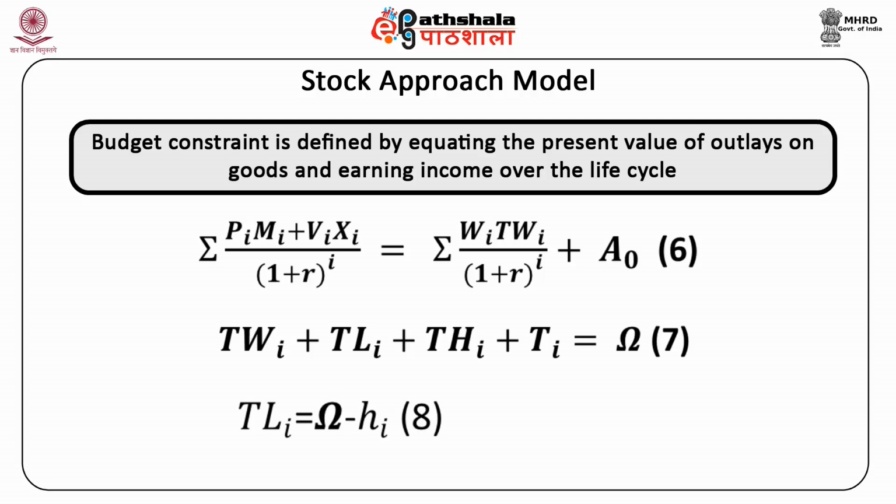TLi = Ω − Hi, equation 8. r is the interest rate. Total time available in a given period, Ω, is equal to 365 days. TLi is time lost due to illness.